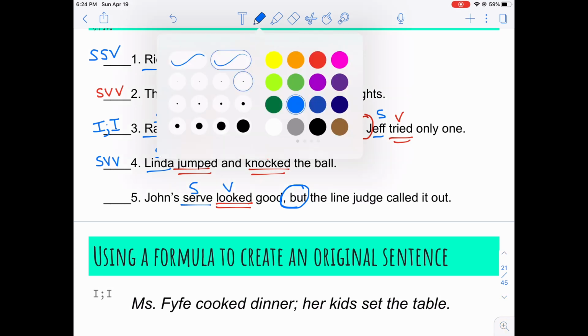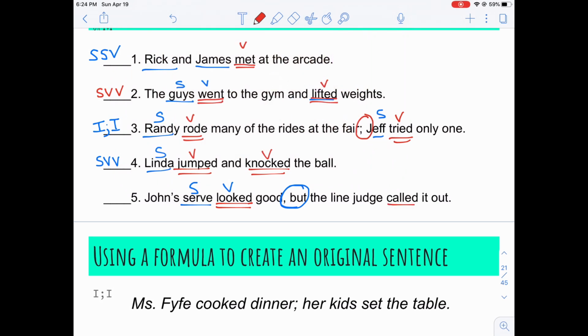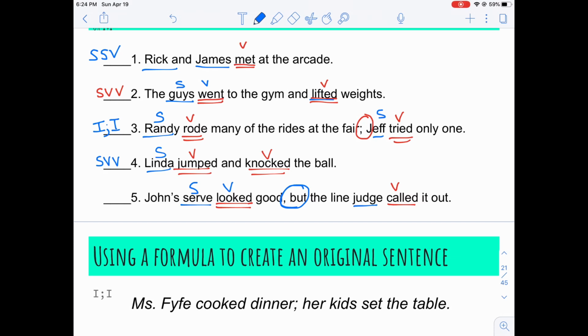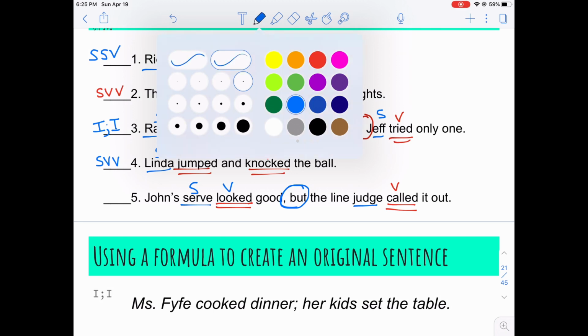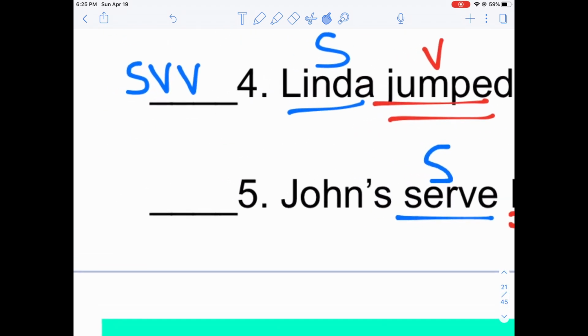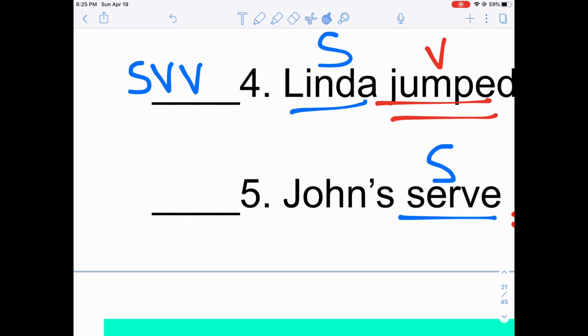Called, who or what called? The judge called it out. So John's serve looked good is an independent clause. The line judge called it out is an independent clause, and it's connected with the I, comma, CI coordinating conjunction, but.